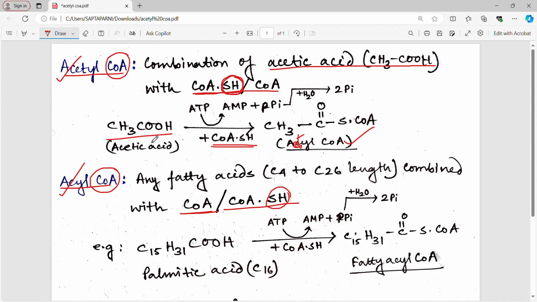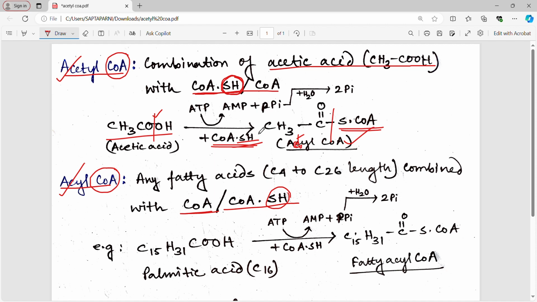Here you can see acetic acid has a carboxylic group, COOH group, and coenzyme A has an SH group or sulfhydryl group. Here the bond breaking occurs, and the sulfur group of coenzyme A is attached here.